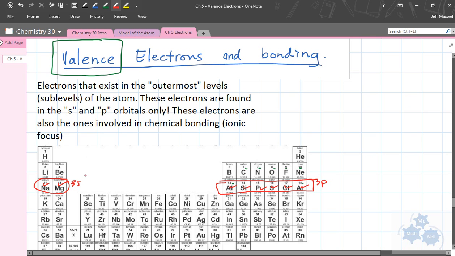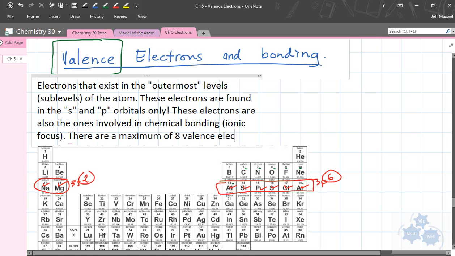Remember, the 3s can handle 2, the 3p can handle 6. So 2 plus 6 is 8. So we can only have a maximum of 8 valence electrons for any element. We better write that down as well. There are a maximum of 8 valence electrons for any element.